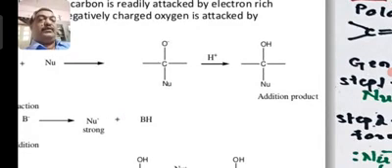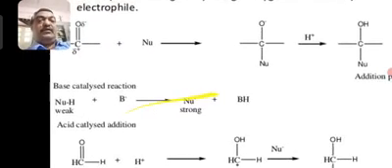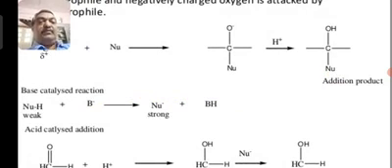In the next step, H plus attaches to the O, making a hydroxyl group. So nucleophile addition takes place, the nucleophile attacks, and O becomes OH. This is what we call an addition product. I already explained it last time, but it is better to understand again.